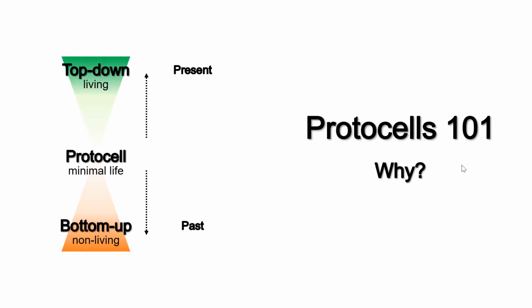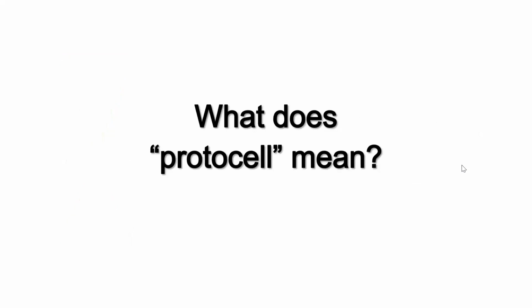And this could inform us not only of how life started on our planet, but also what we could be looking for, or what we could find on different planets.